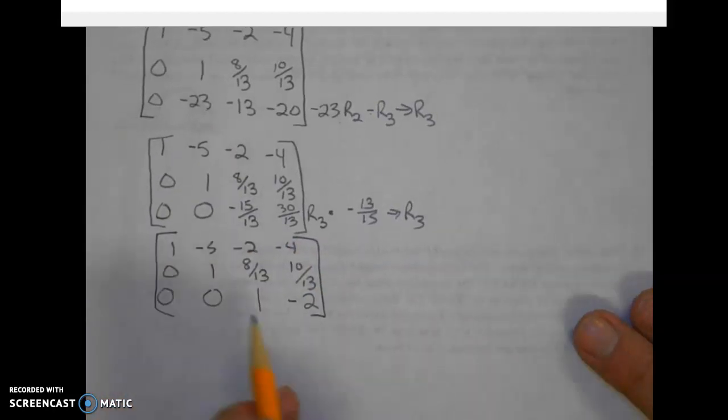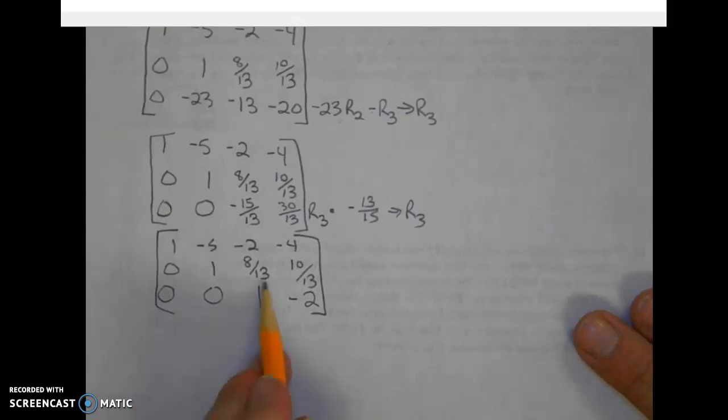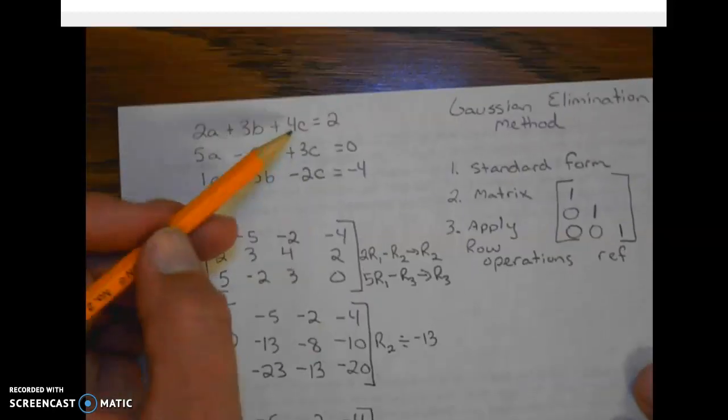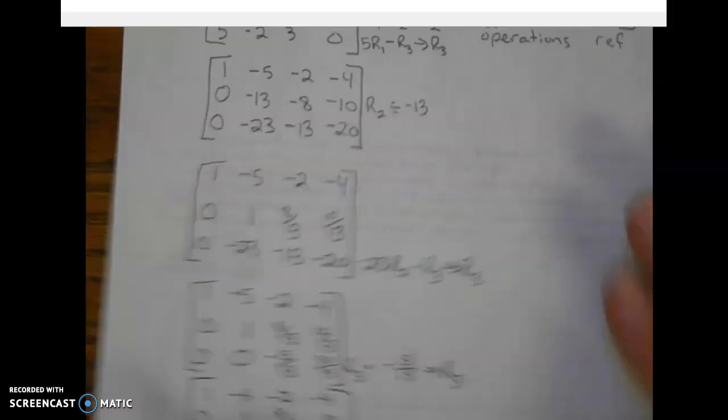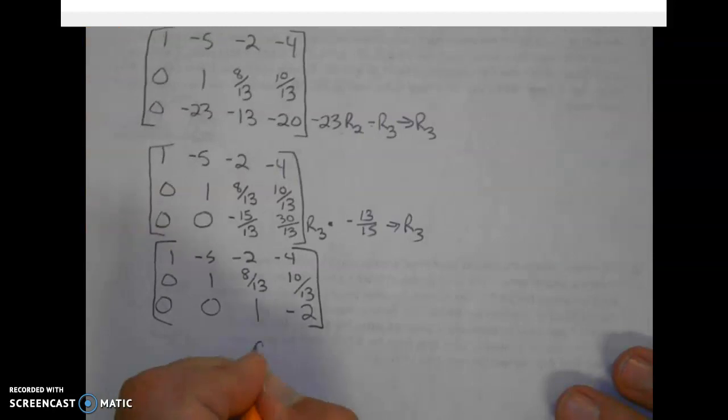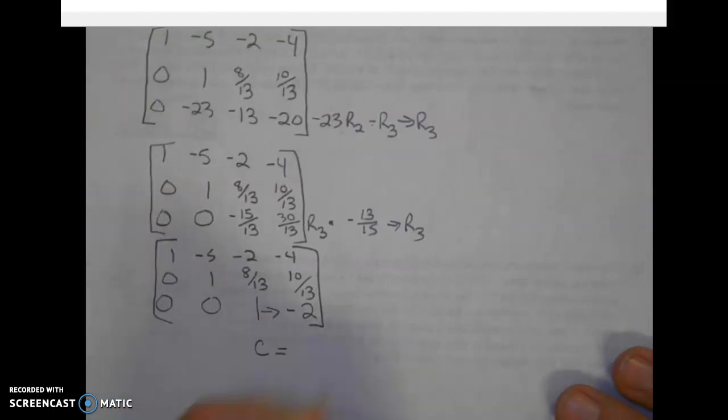Okay, so we have this solution right here. So recall back up at the original equations, the last one is going to represent C. So we have found that C is equal to negative 2.